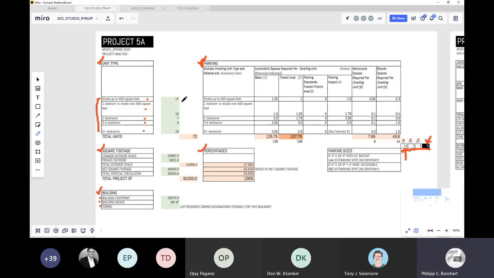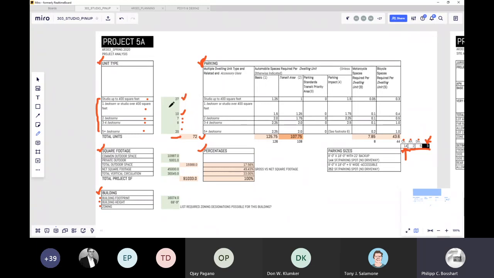I said I have studios under 400 square feet, about 27 of them. I have 10 one-bedrooms, 2, 7, 8, and so forth, for a total of 72 units. Again, this tabulates right into this. So all green is for you to enter.